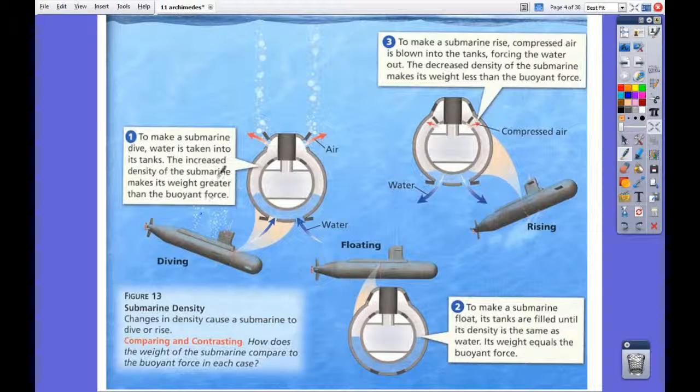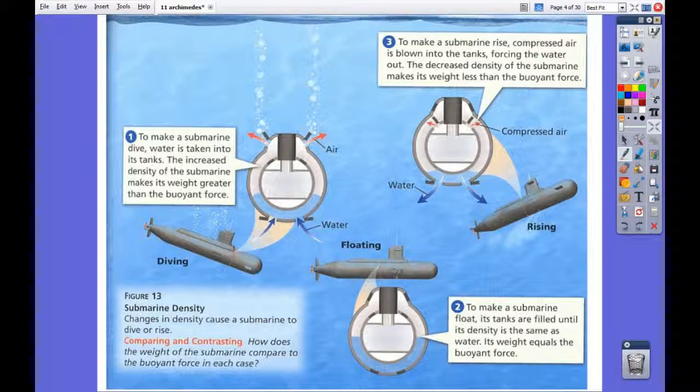Here we have a picture of a submarine diving, floating, and rising. When it dives, the water gets into the tank and forces the air to come out, so the density of this submarine increases, so it sinks.